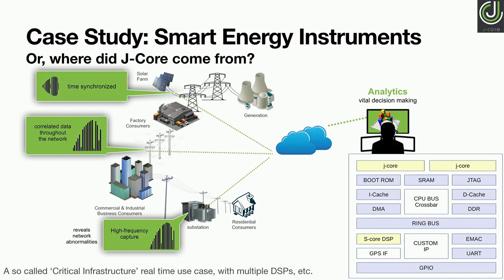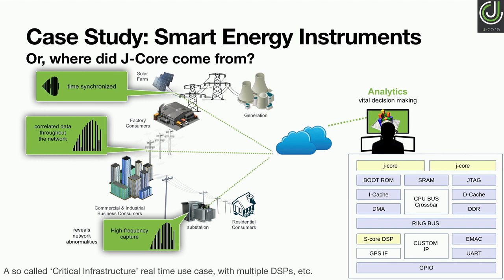So what do I mean by energy sampling? So here, if you look at this diagram, going from generation through transmission to distribution and even residential customers, what is it that you need to do? Well, it turns out that in the universal case, you want to sample these signals at a very high rate, about 12 megasamples per second, and you need extremely high dynamic range, over 140 dB, really close to the thermal noise.